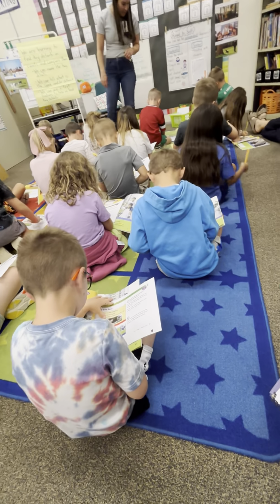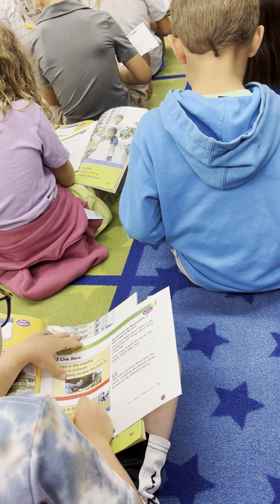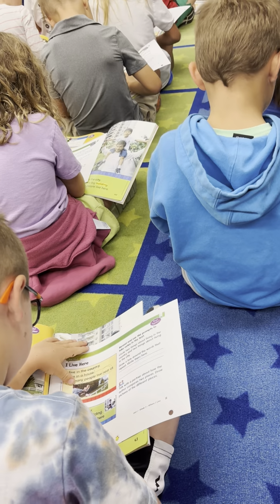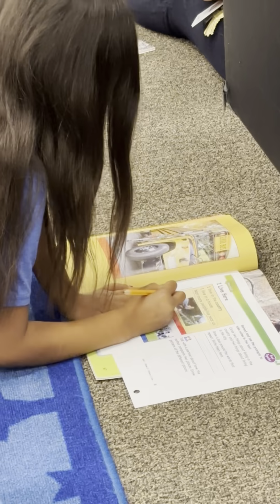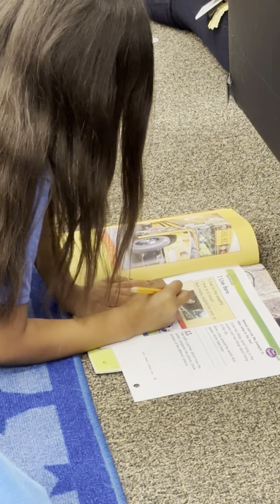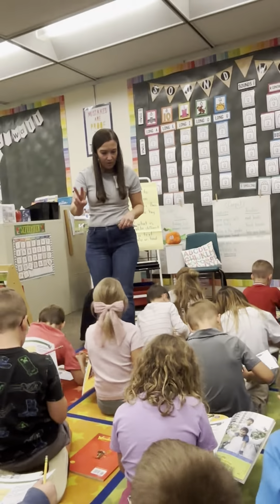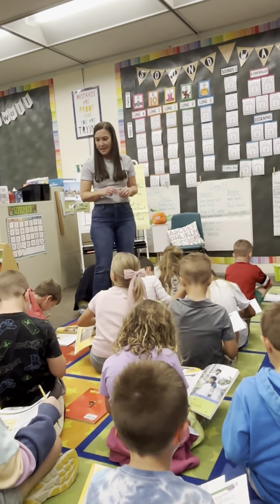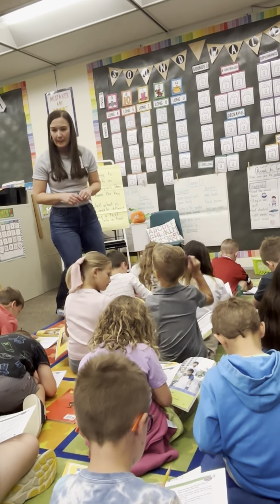Take a look at the green text at the bottom, or the green box that has the text in it. It starts with, I live in the city. I live in a big building. Lots of people live here. Can you circle two key details about living in the city?